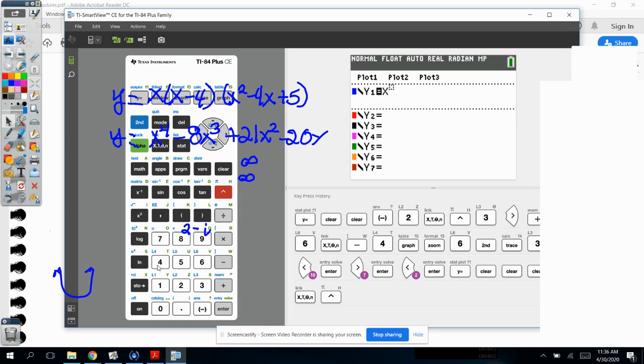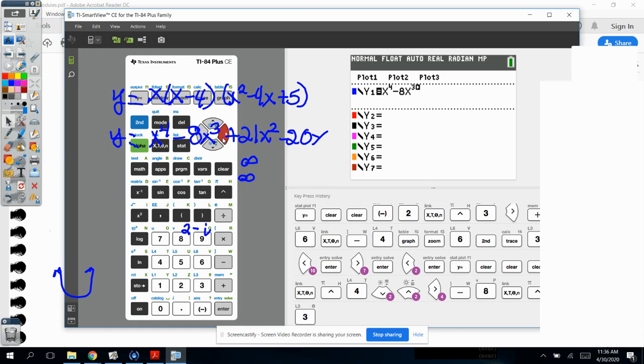x to the fourth. Make sure you right arrow out of there. Oops. Okay. Minus 8x to the third. Plus 21x squared.